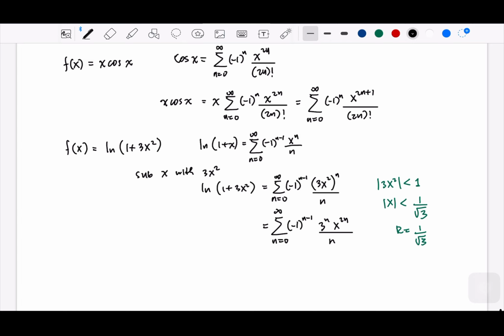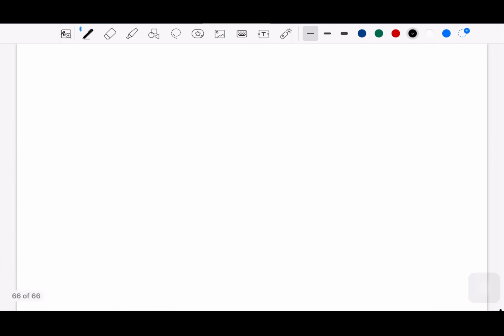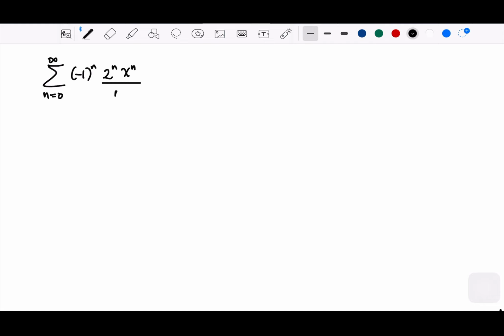Let me give you a quick example. Let's say we are having this sum, and the question is, find the function represented by the sum.